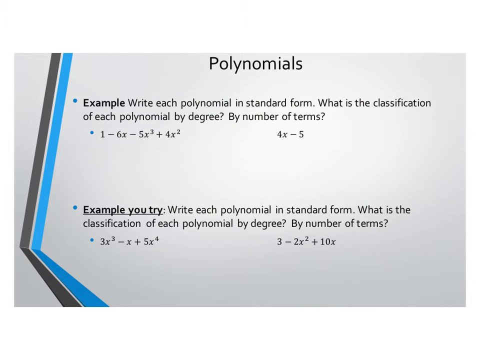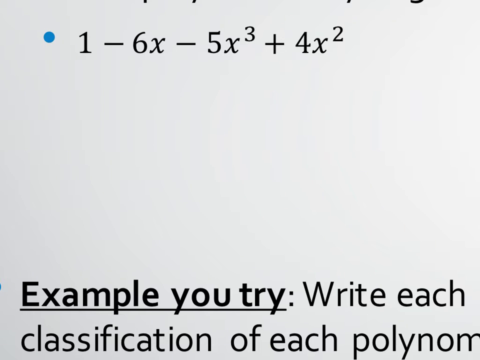So if we look at our first type of problem, we're going to write each polynomial in standard form and then classify it by degree and by the number of terms. So in this first example, our largest exponent is negative 5x cubed, so I'm going to write that first. The next descending power is 4x squared. The linear power is negative 6x, and then plus 1.